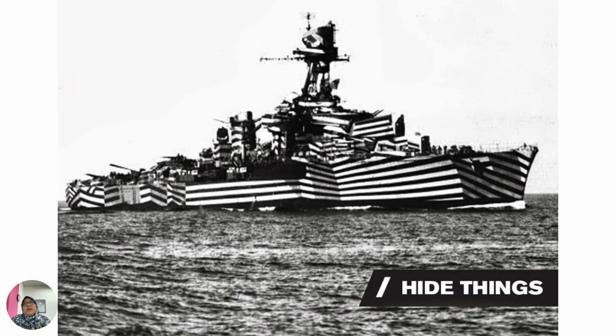And this is an image of a warship. I forgot if it's in World War I or II, but the designer here uses lines because they would want the enemy to be unable to see the distance between the ship and themselves.